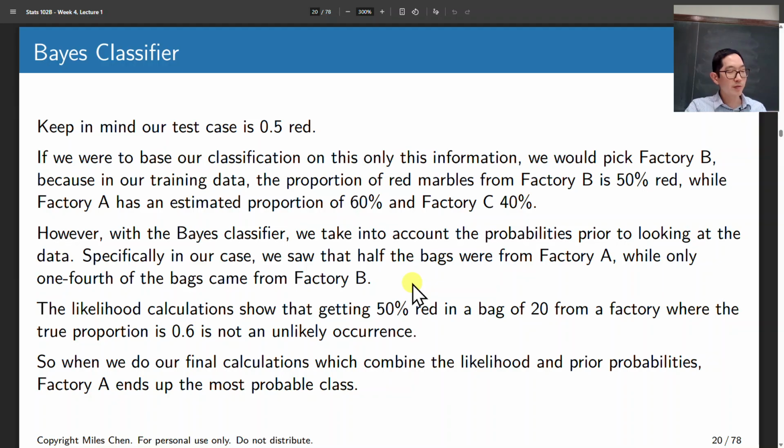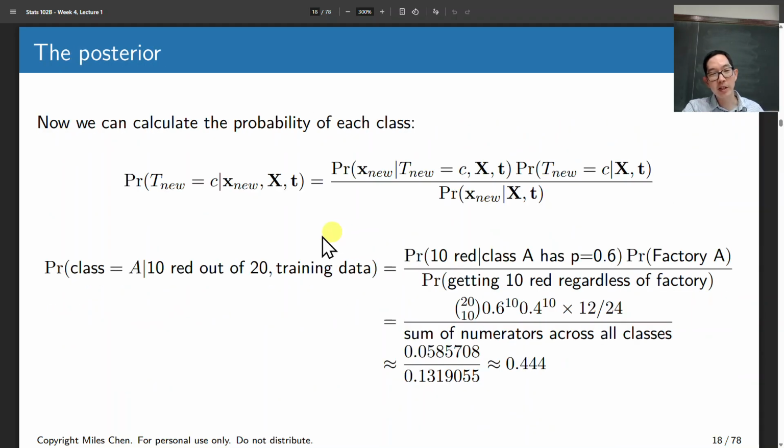So if you only looked at the proportion of bags, we would have said 50% chance that it came from factory A. But after seeing that the bag was only 10 red out of 20, that gets dialed down, right? So the prior probability was 50%. After incorporating what we saw in the data, this goes down to 44%, okay?